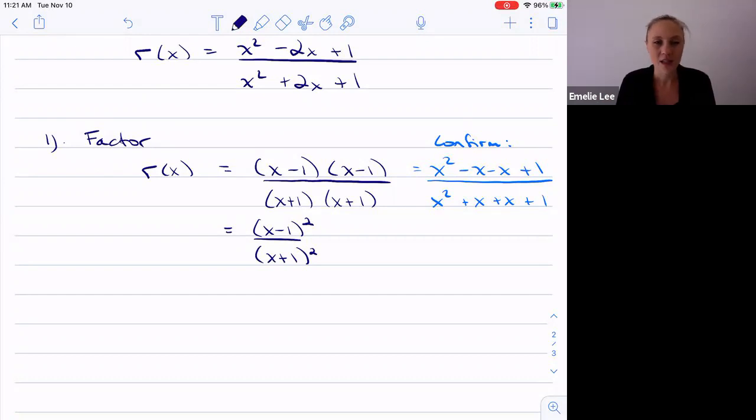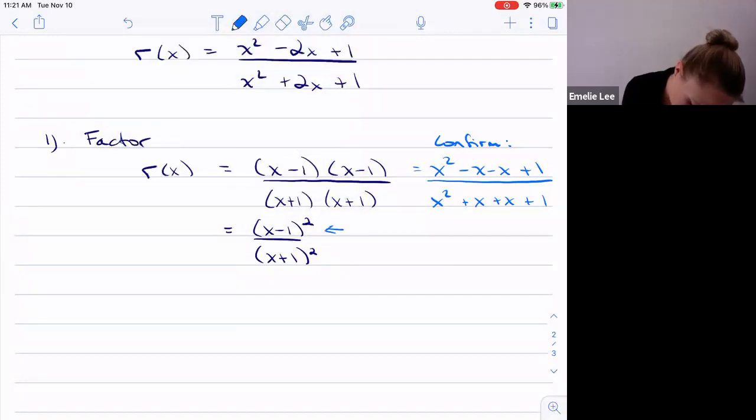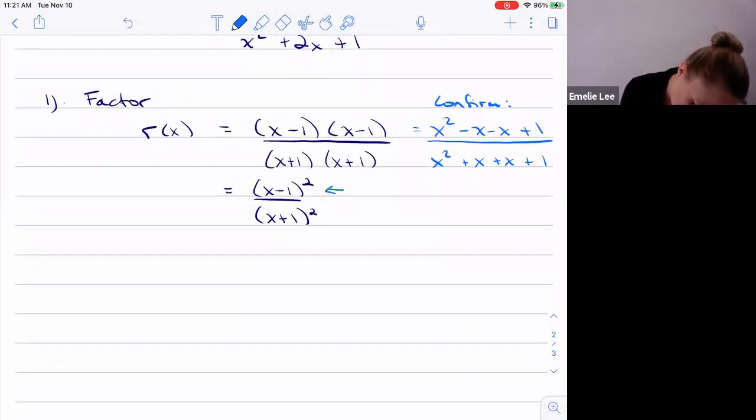The reason I wanted to highlight these is because I get these multiplicities. So we call these multiplicities because the factors are actually of multiplicity m. So focusing on the numerator, the factor x minus 1 is of multiplicity 2.